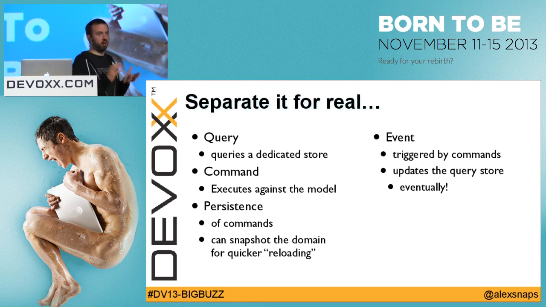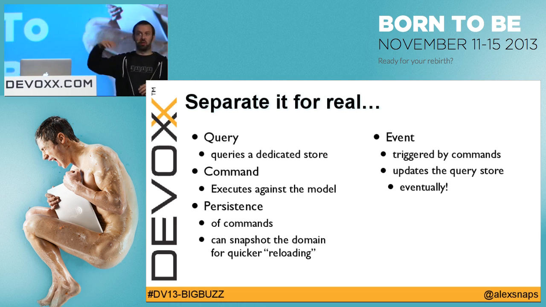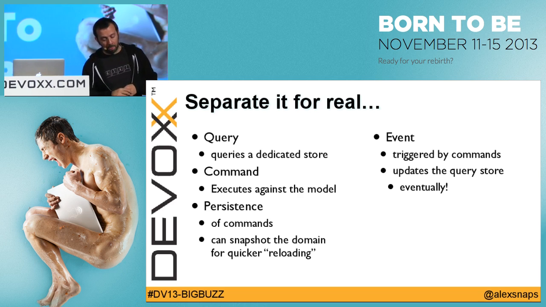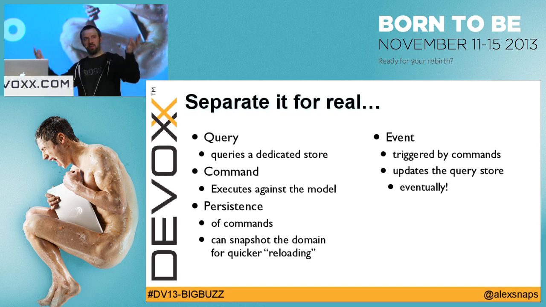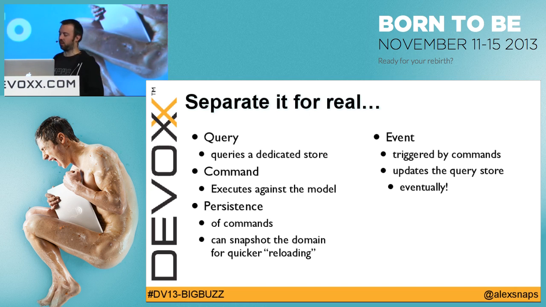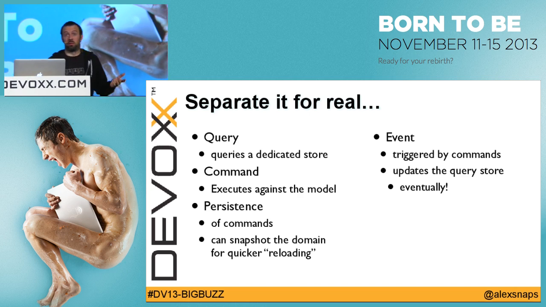And that's what we want to separate for real. So we want to separate the queries, the thing that says, all right, get me this and display it, whatever the this is, right? A query can be something as simple as asking for the DTO that represents the presentation so that I can do something with it in the UI, or complex queries, right?